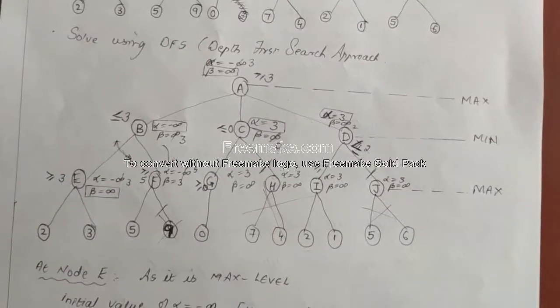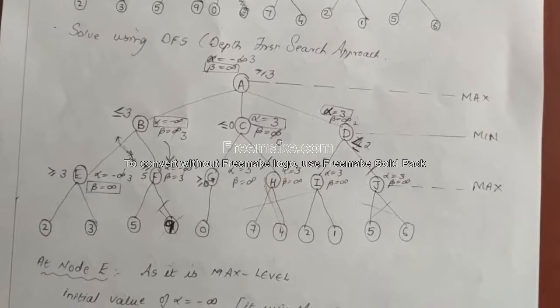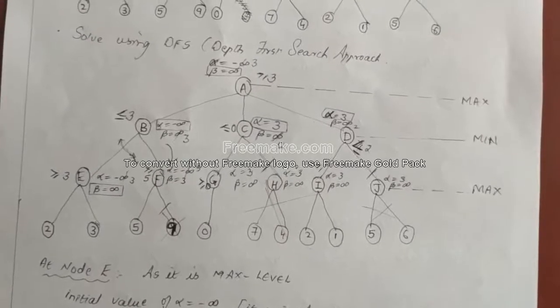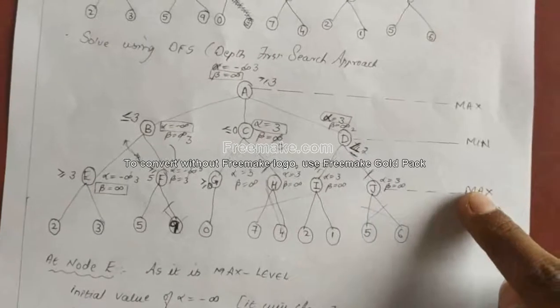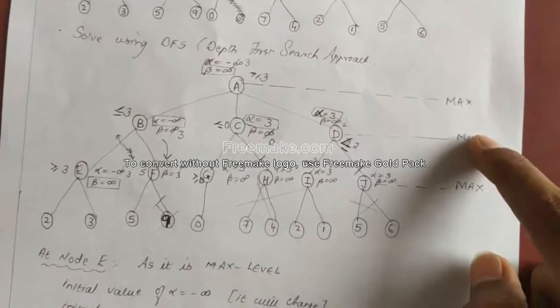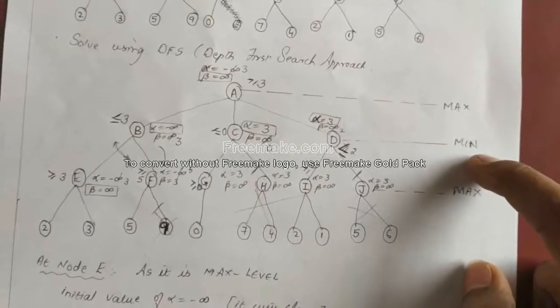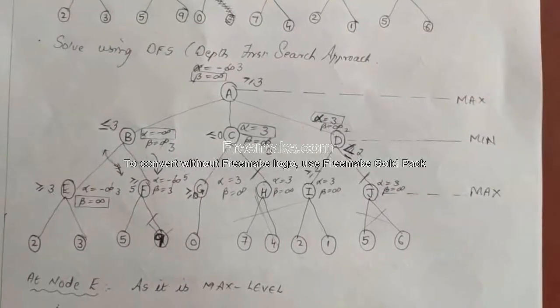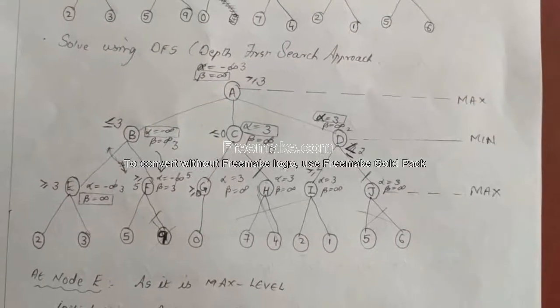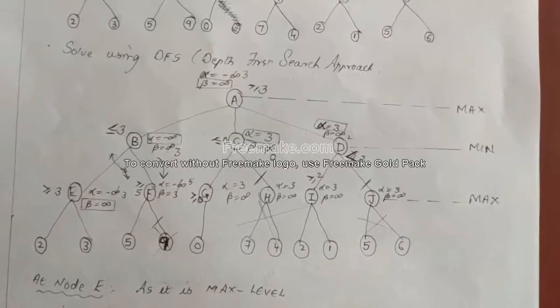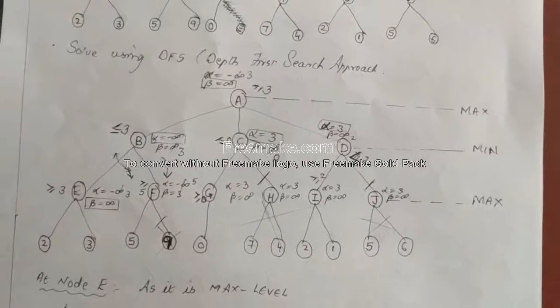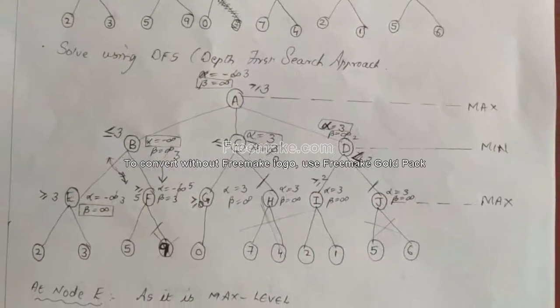So in the max case, alpha keeps changing, whereas beta remains constant. And in the min case, alpha is kept constant and beta keeps varying. That is, beta changes its value.